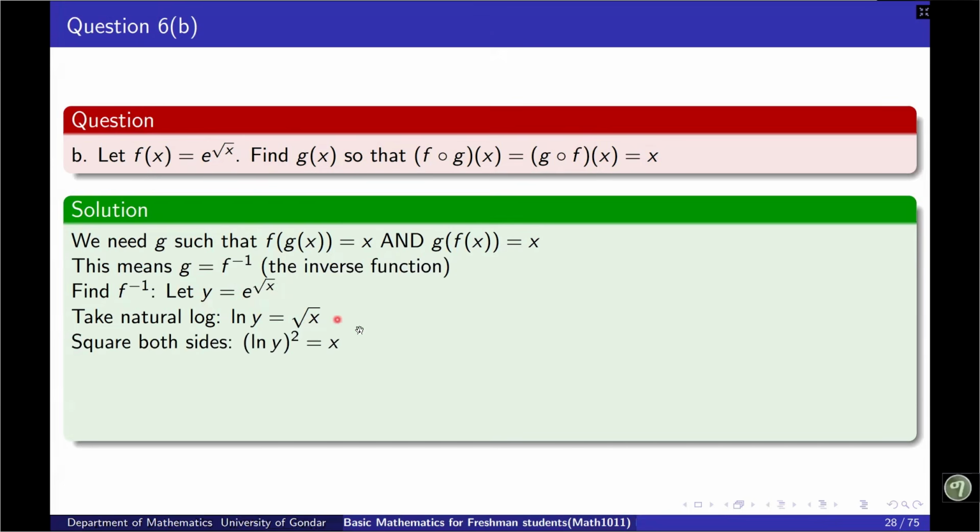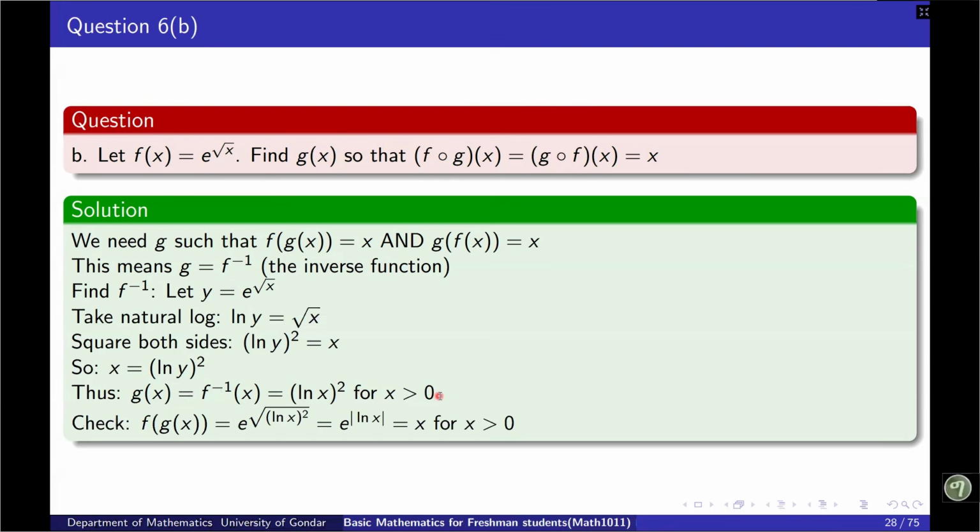Then squaring both sides, we have the square of ln y equals x. So when we solve for x, x is equal to (ln y) squared. Then interchanging x and y, we have f inverse of x, or simply g of x, equal to (ln x) squared for x greater than 0. So this is what g of x is.